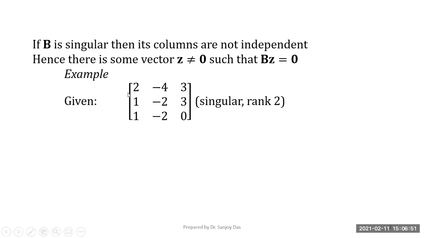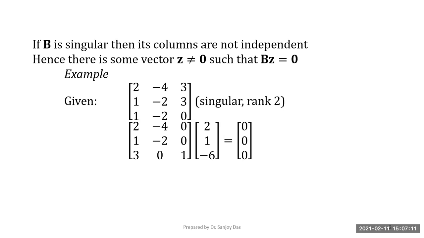Now here's one example. This is the matrix B, and it is singular. In fact, the rank of this matrix is just 2. There is some non-zero z such that the matrix times z equals all zeros, and for this matrix, because it's singular, this matrix times this vector is all zeros.